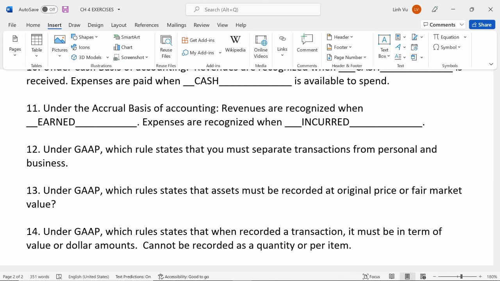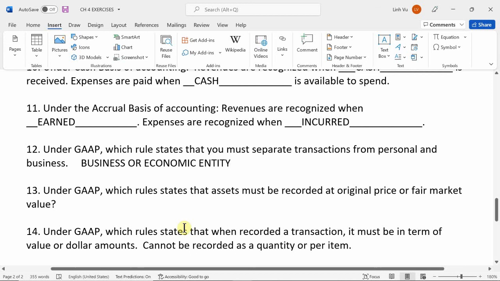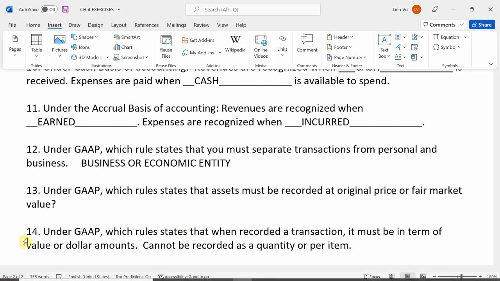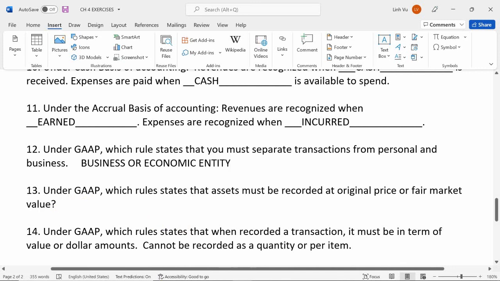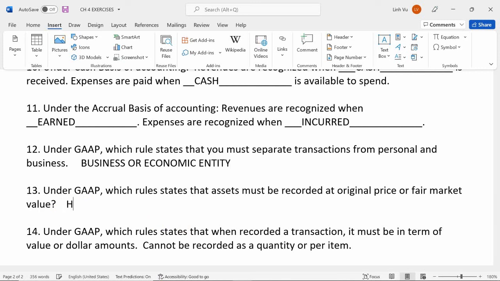Business or economic entity. Correct. Number 13, under GAAP, which rule states that assets must be recorded at original price or fair market value? Is it historical? That is correct. It is the historical cost.